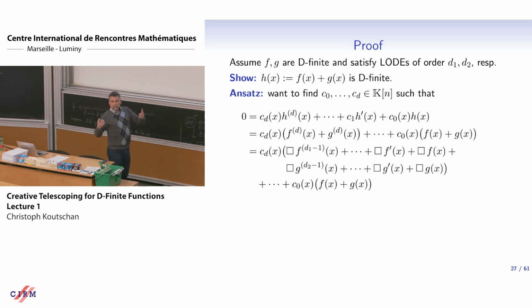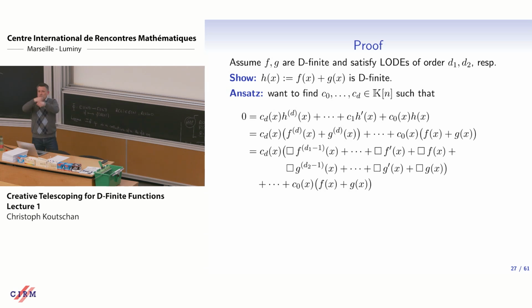And since we assume the order of the differential equation that f satisfies, we can always rewrite it in terms of f prime up to the d minus first derivative of f. So this is written here, and some coefficients that are not important enough to deserve a name, so I just put a box here.